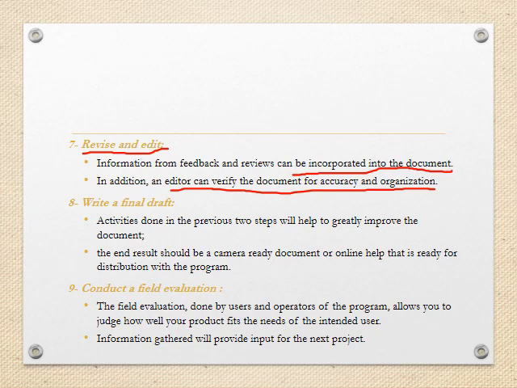Number 8, write a final draft. We don't actually write a final draft. The activities done in the previous 2 steps will help to greatly improve the document, and this is what we call the final draft. Phase 5 was the first draft, phase 6 we did reviews, phase 7 we incorporated the reviews and comments and edited the document, so the resulting product is the final draft.